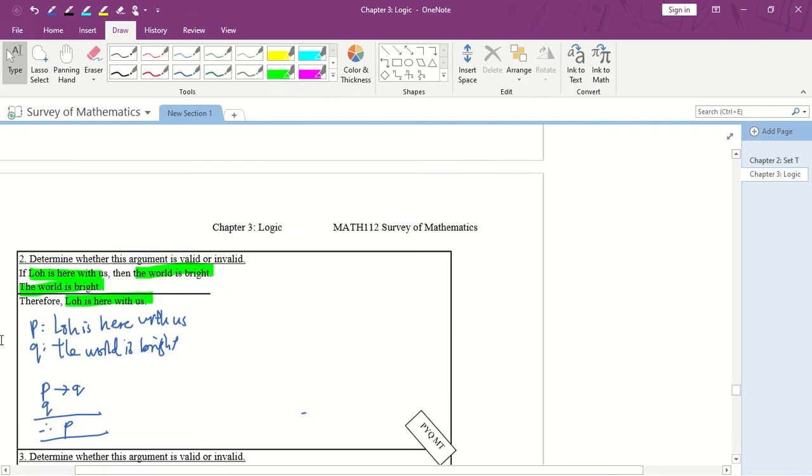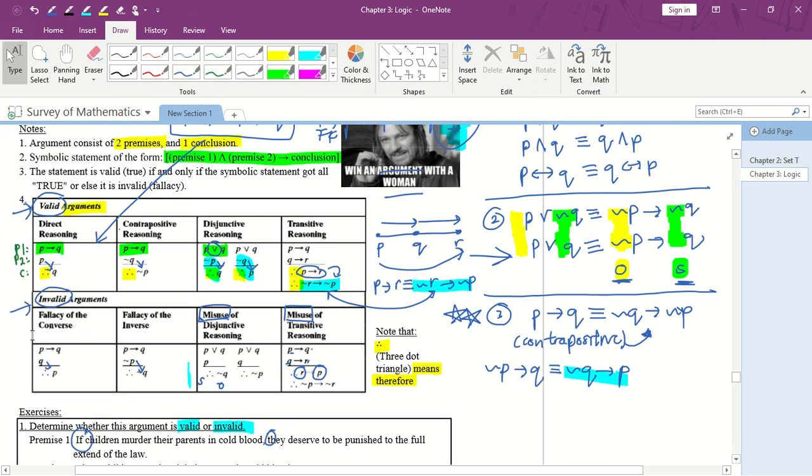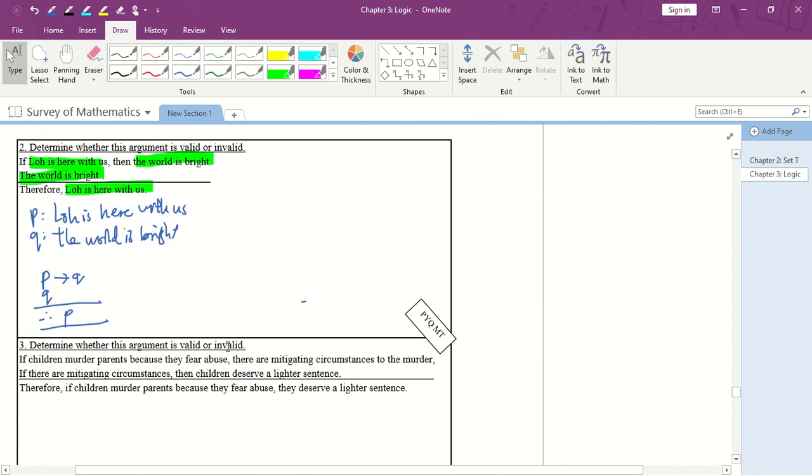Let's look back at our notes here. This is the fallacy of the converse. P to Q becomes Q to P.